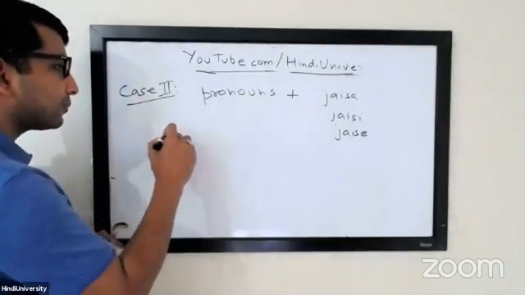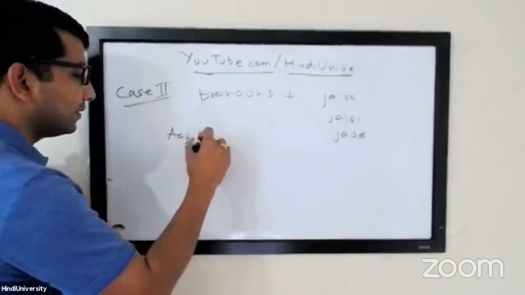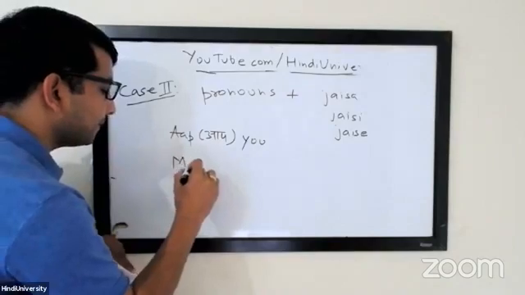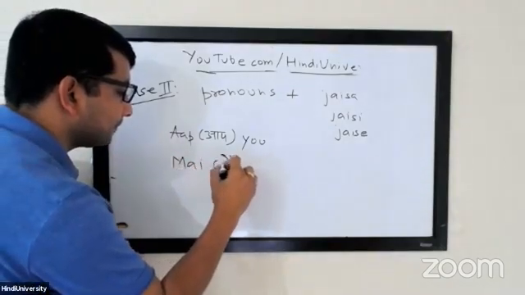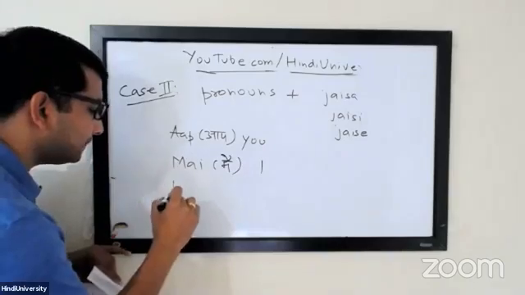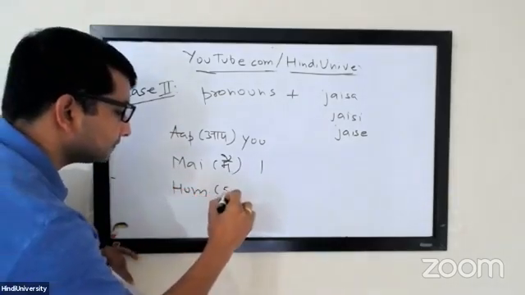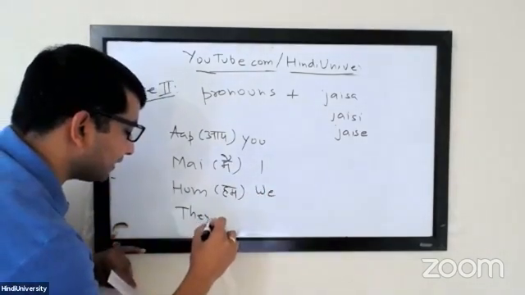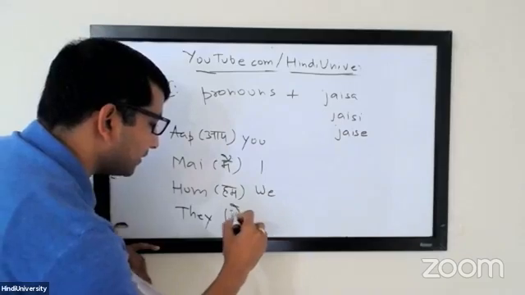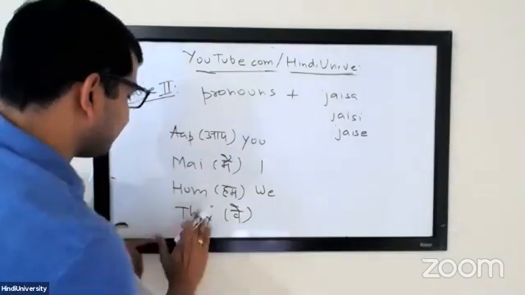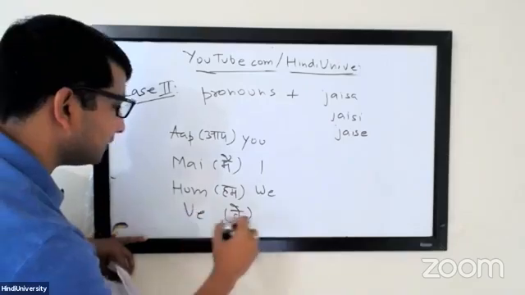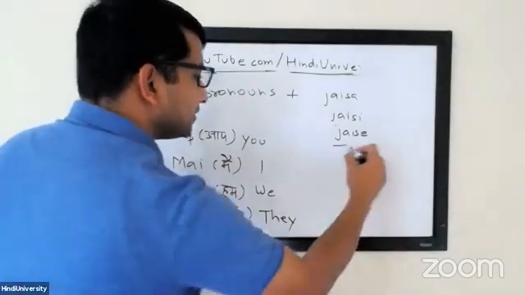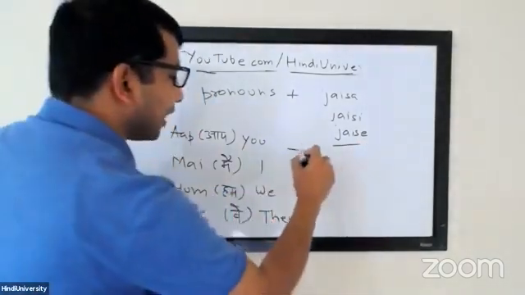So let's say you have the basic pronoun aap, which is you, main, which is I, hum, we, and they. And now you have to put jaisa, jaisi and jaise next to it. How will this convert?